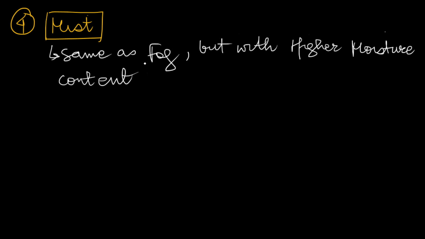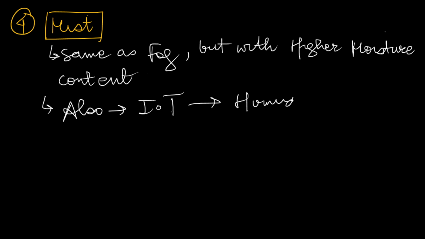These are also consequences of inversion of temperature, but in humid regions. As they take place in humid regions, you will see the moisture will be higher. So this was about mist.